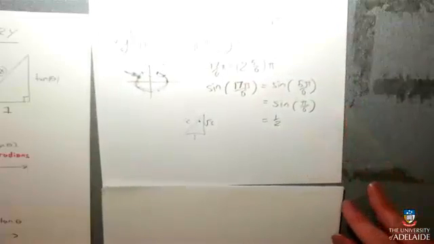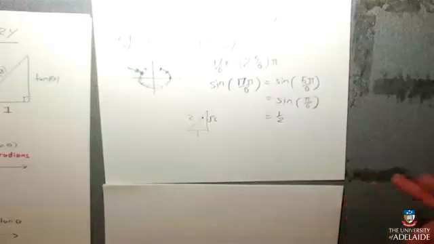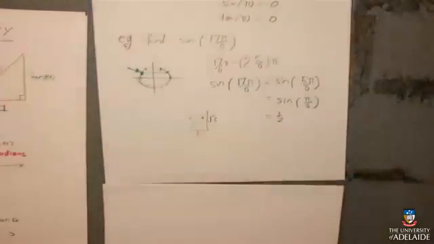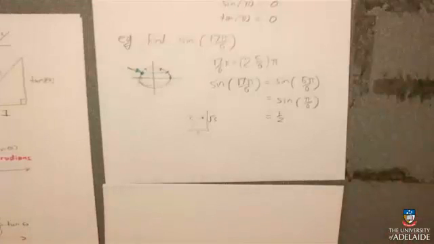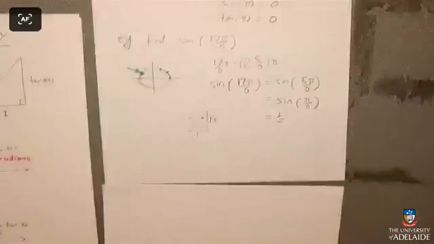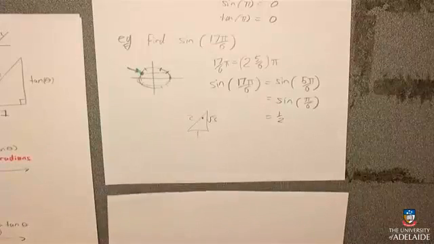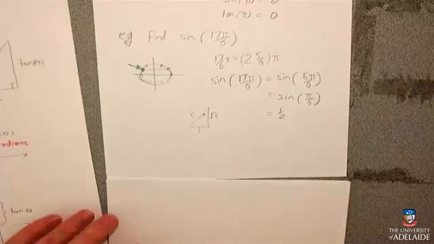Let me do cos of 17 pi on 6. Sorry, that drawing is not very clear, is it? I don't know if I can fix that. Is that any better? Not really. It's fuzzy, isn't it? Okay. I'm going to do cos so that we can have a different way of doing the same thing.